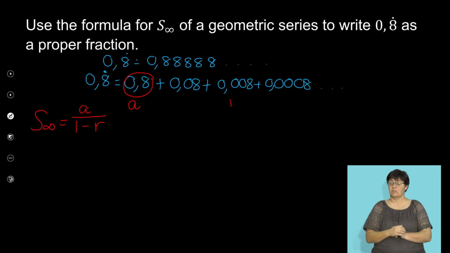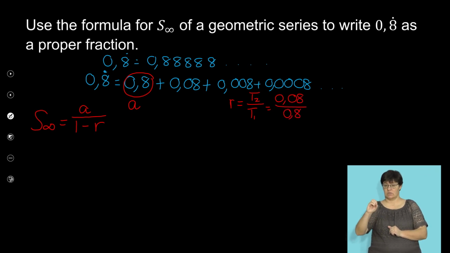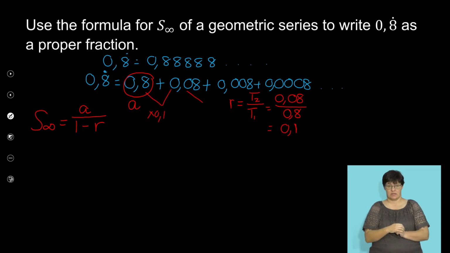I know that I can work out my common ratio to be term 2 over term 1. Term 2 is equal to 0,08 over term 1, which is 0,8. This is going to give me a common ratio of 0,1.